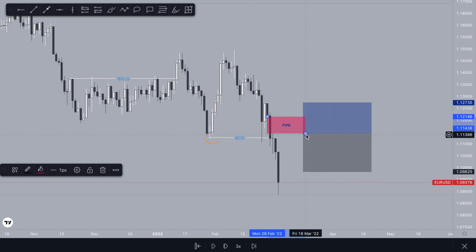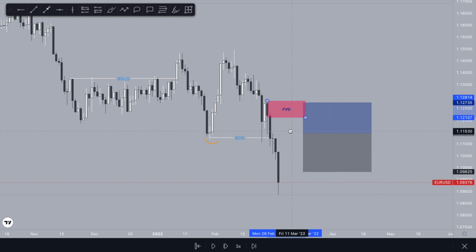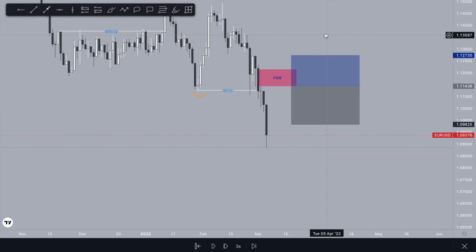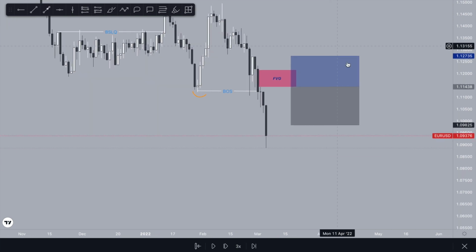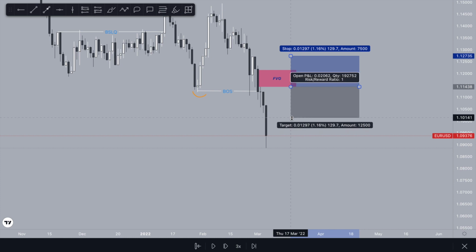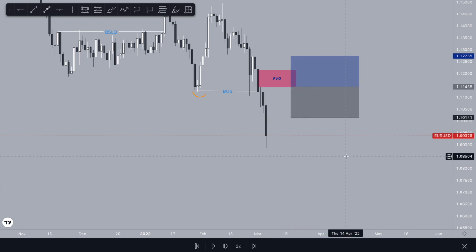And if I don't have a particular area or point of interest as my take profit, I would normally just go for a 1-to-1 risk reward ratio. So just like that. There we go.